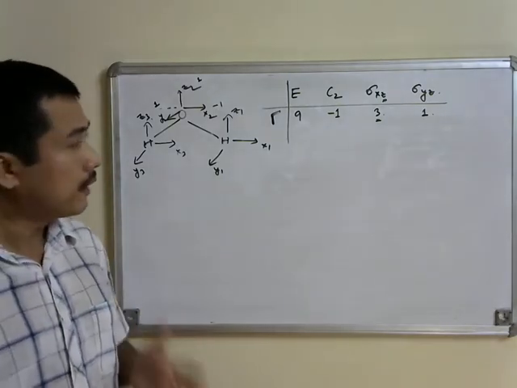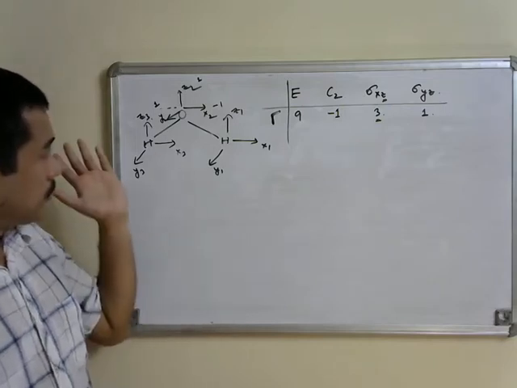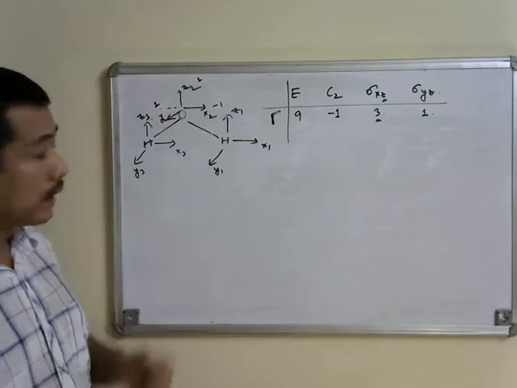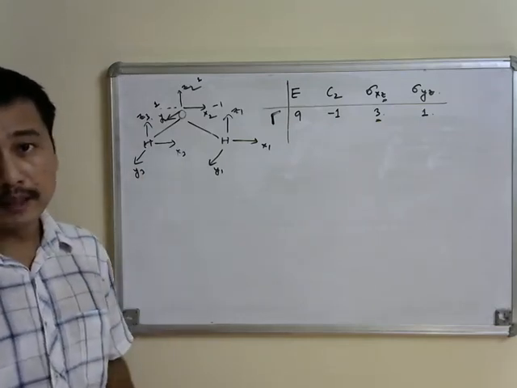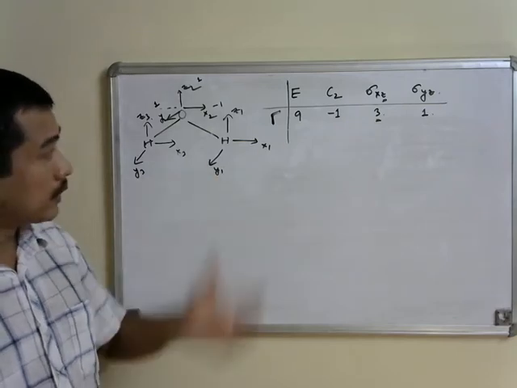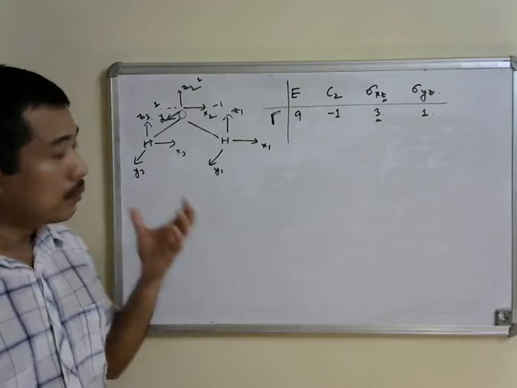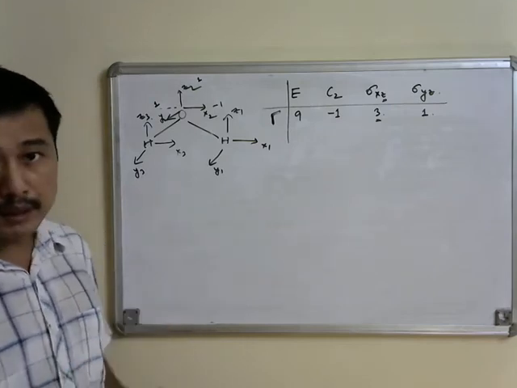So now we have a representation of the C2v point group by taking the displacement vectors on the water molecule as the basis. Instead of writing the matrix representation for each of these symmetry operations, we now have a shorthand way to write the matrix.